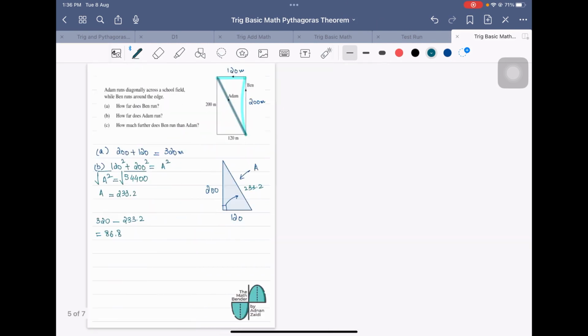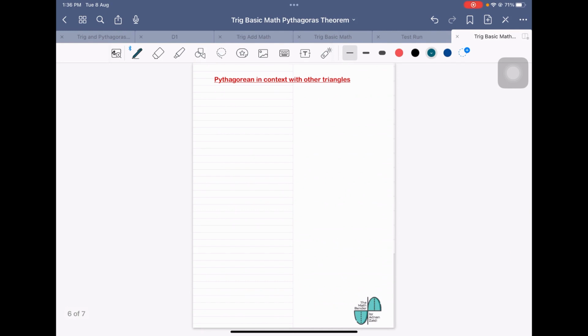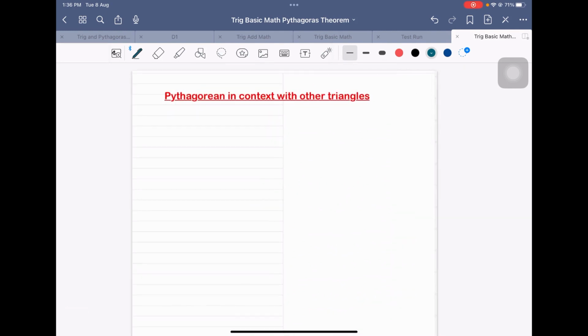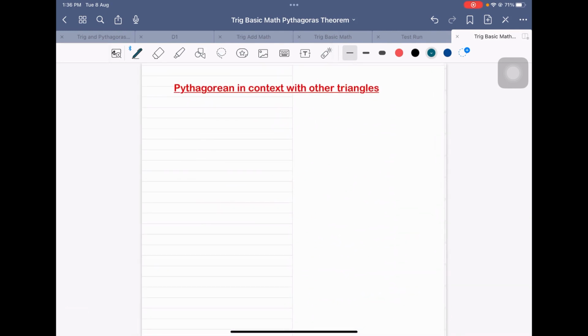So now let's look at more Pythagoras in context with other triangles. In other triangles, let's say if we know that a squared plus b squared is equal to c squared, we know that it is a right angle triangle.